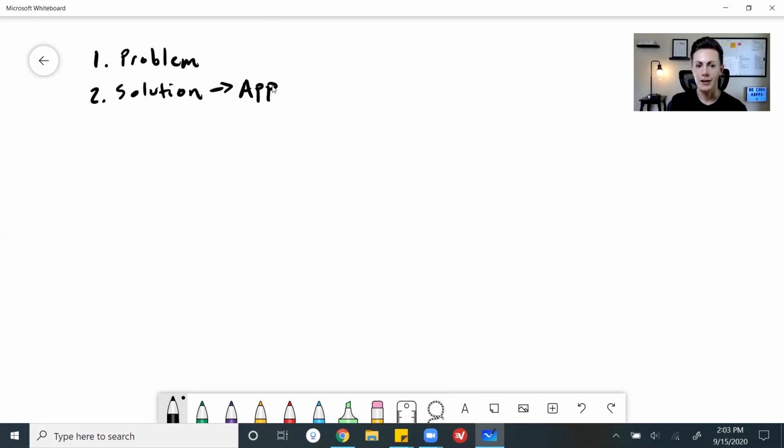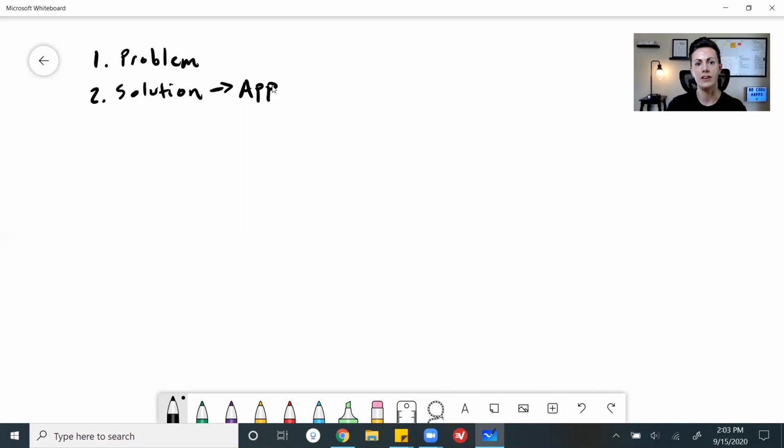So it's important to understand that you don't just have the app idea. You have identified a problem first that you have a solution for, or that you have an idea that you can create a solution for, and that solution comes in the form of an app.